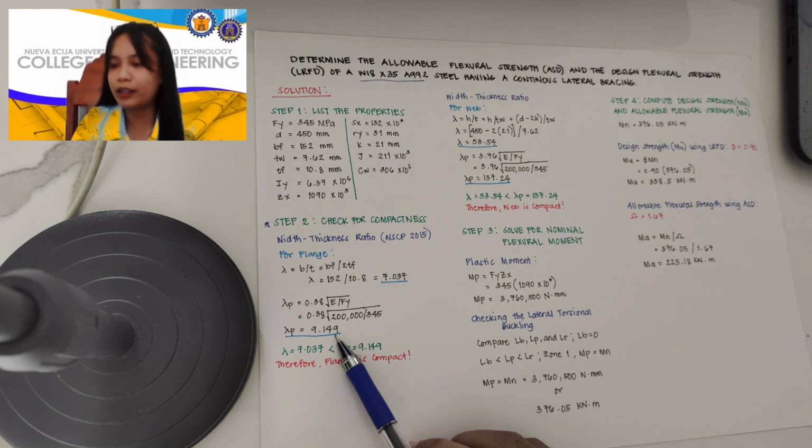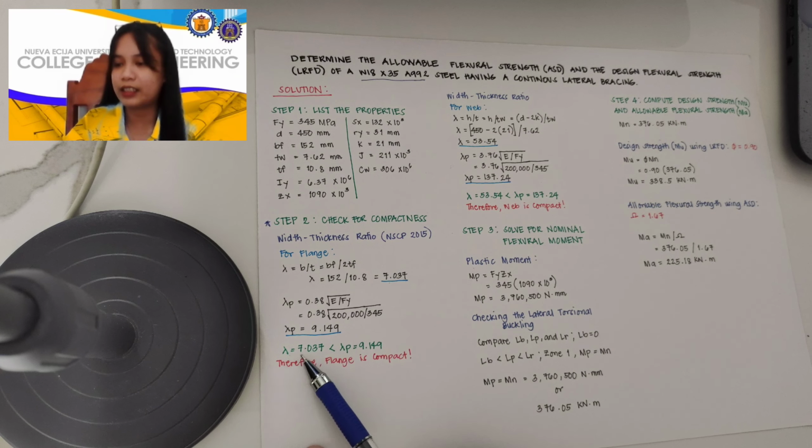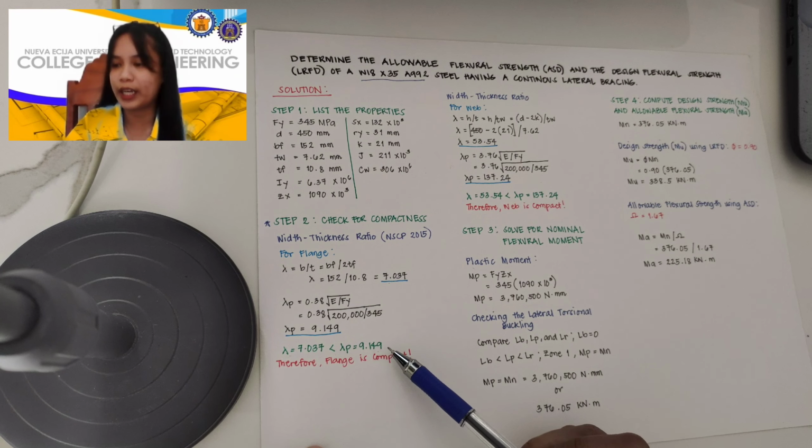For lambda r, 1.0 square root of E all over 345, we will have 24.077. As you can see, yung lambda natin is less than the lambda p, which is 7.037 is less than 9.149.